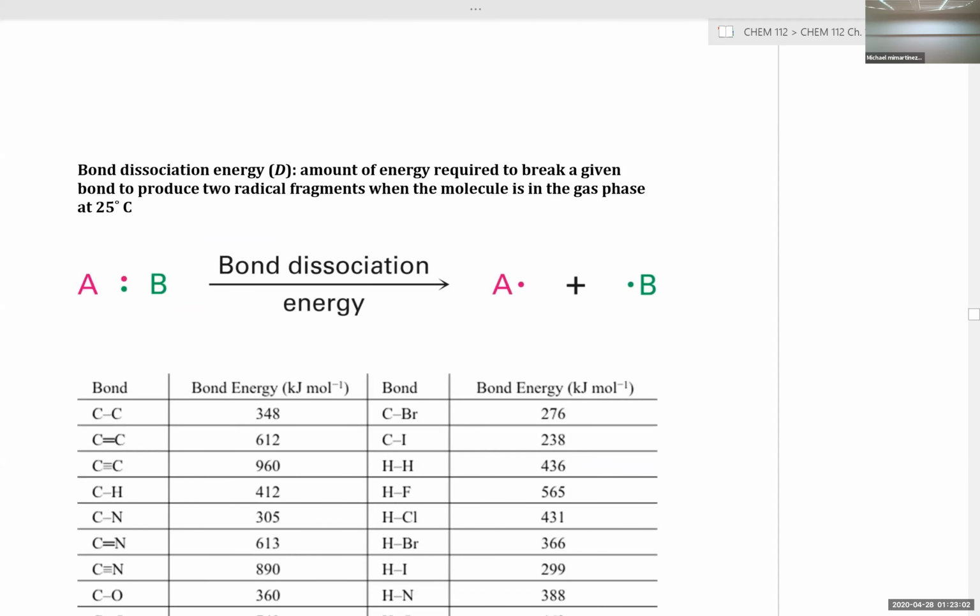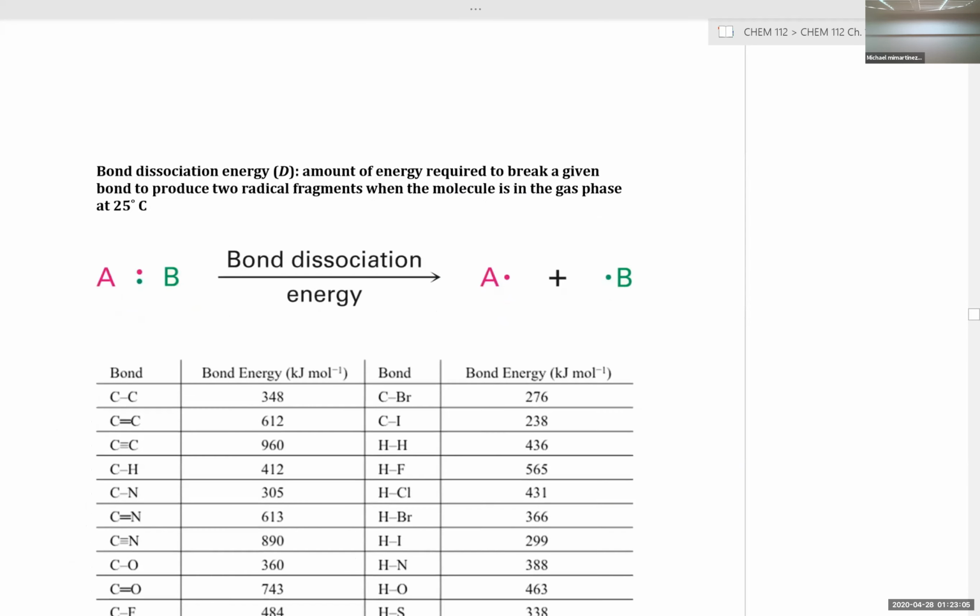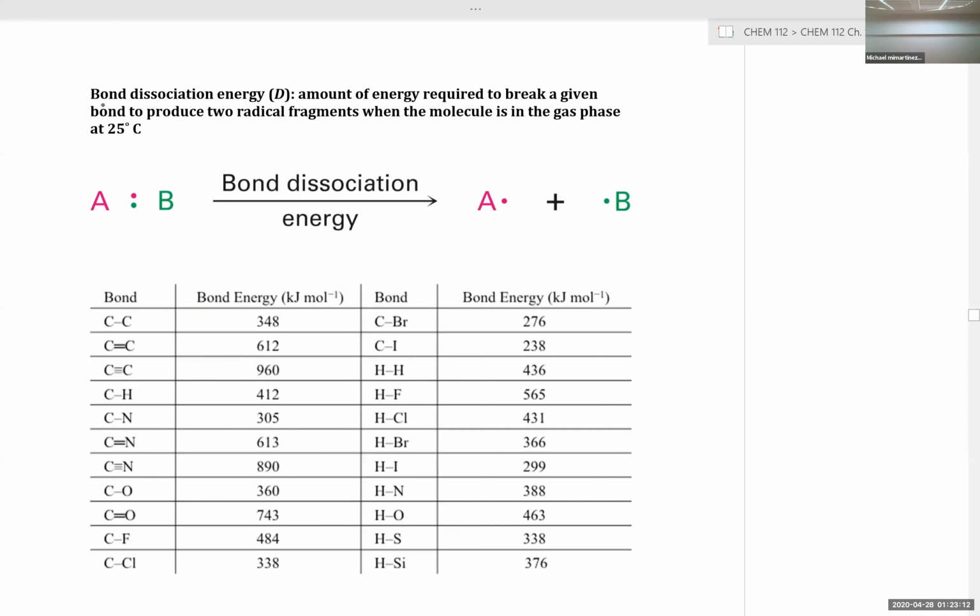One key process that often occurs in chemical reactions is the making and breaking of bonds. The bond dissociation energies, which we've seen before when we talked a little bit about radical formation, describe the amount of energy required to break a given bond to produce two radical fragments when the molecule is in the gas phase.